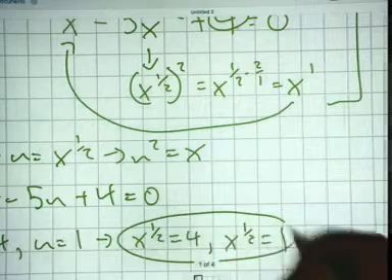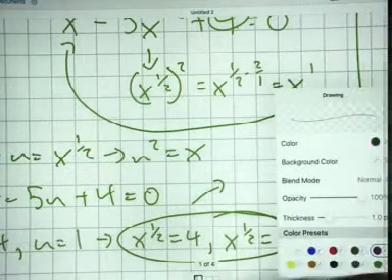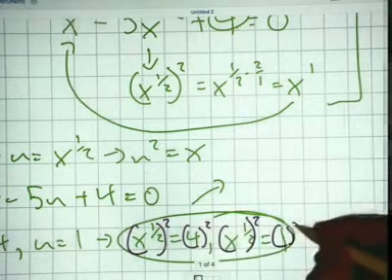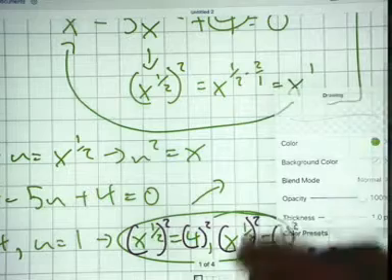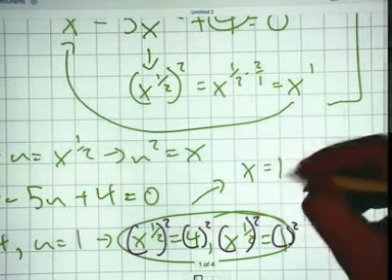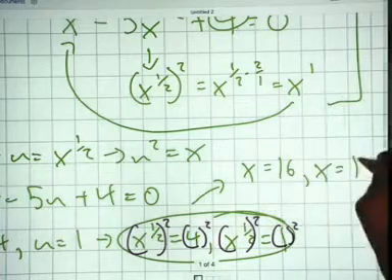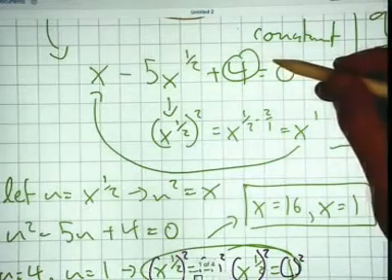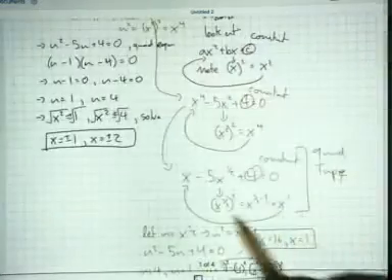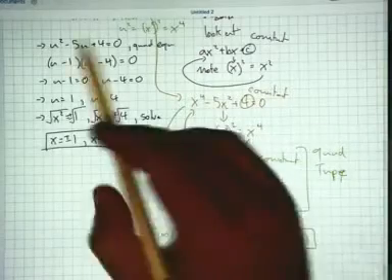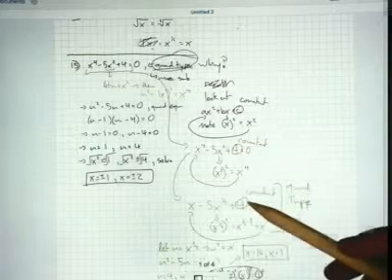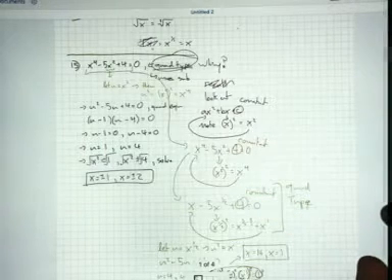And then you're going to solve these two. How do you solve those? I would raise both sides to the second power. And you get the following: x is equal to 16 and x is equal to 1. There are your two solutions to this quadratic type equation. It was made using the same numbers as you saw on 15. Same numbers, I just changed the variables to fit this quadratic type form.